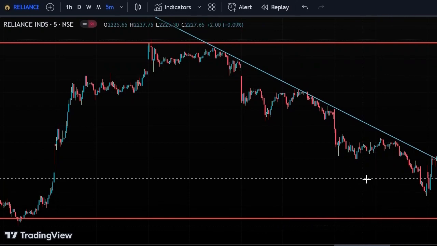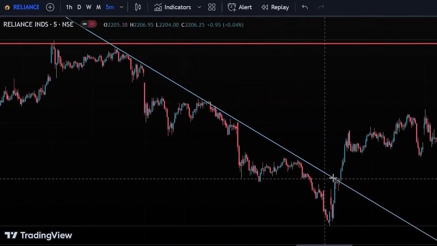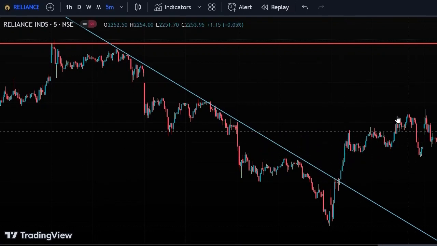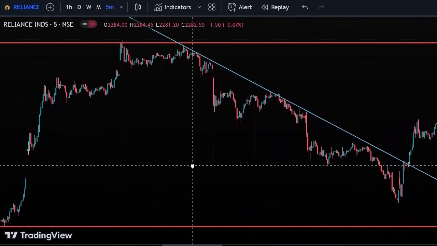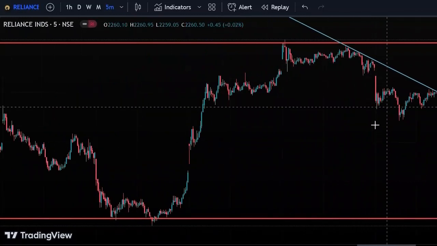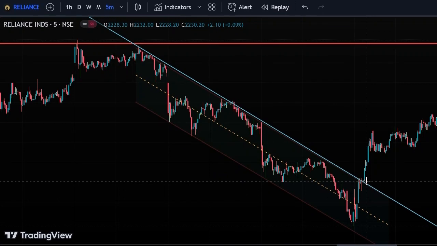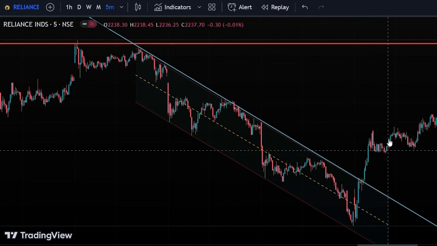The other method we can use is the trend line. As you can see, if we extend the trend line, we will create a channel, and this particular channel is respected on both the upper and bottom trend lines, creating good resistance and support.